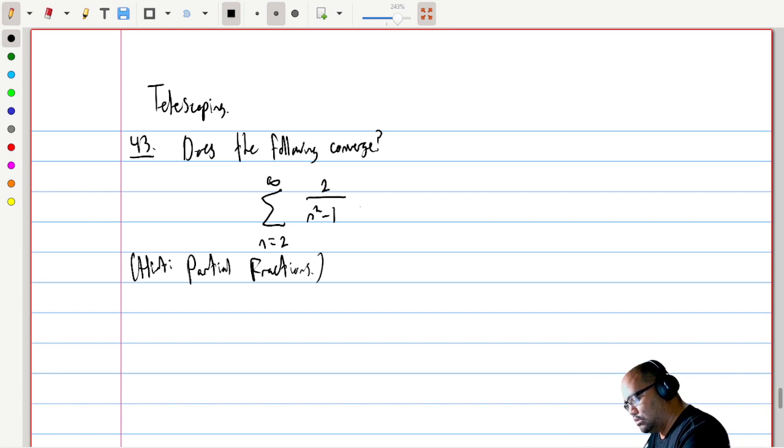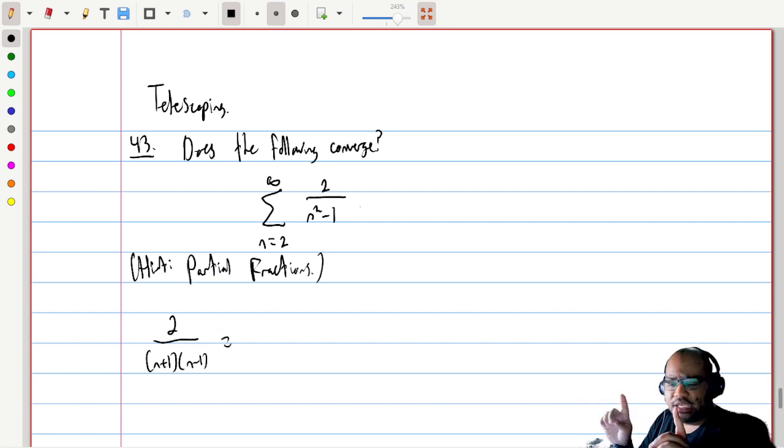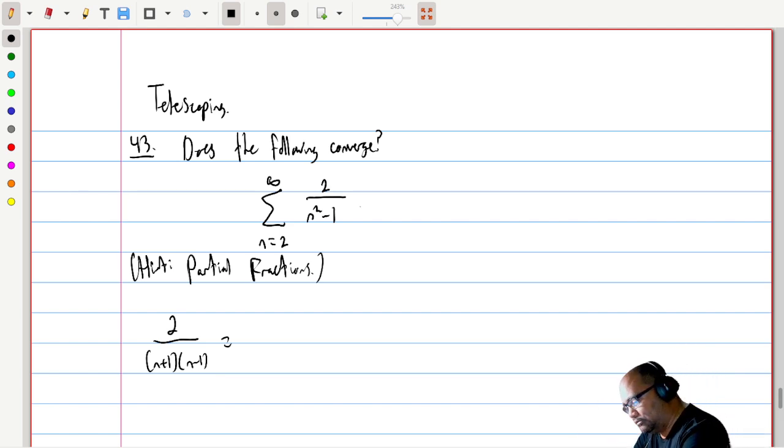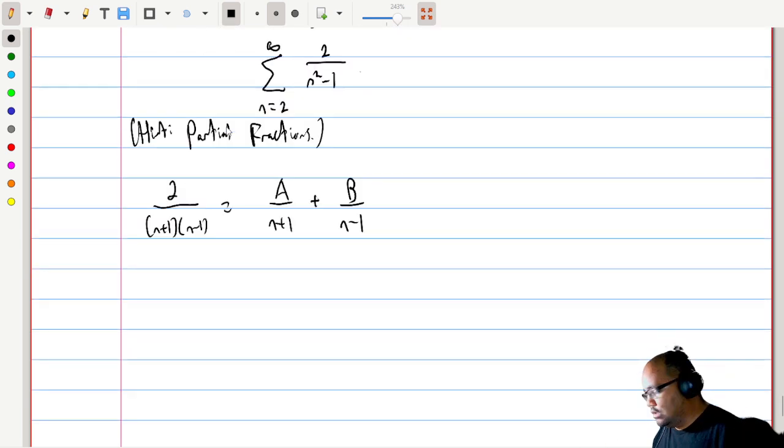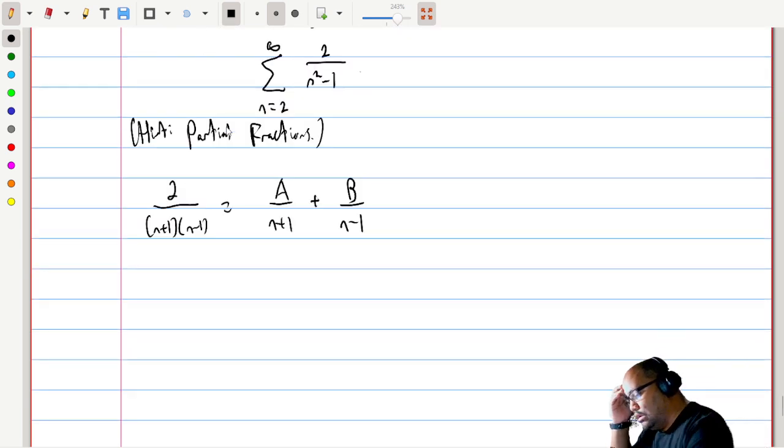So I can factor the denominator as n plus 1 times n minus 1. So you see that the lag in the indices is 2. So something's going to happen here. So we'll have a number over n plus 1 plus a number over n minus 1. So we do the partial fractions work.